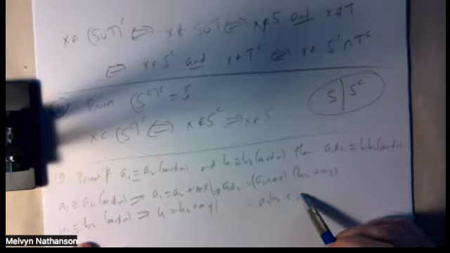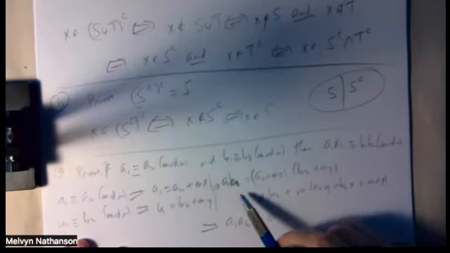You multiply it out, you get A2 B2, then M times A2Y, M times B2X, and M times MXY. So A1 B1 is A2 B2 plus a multiple of M.